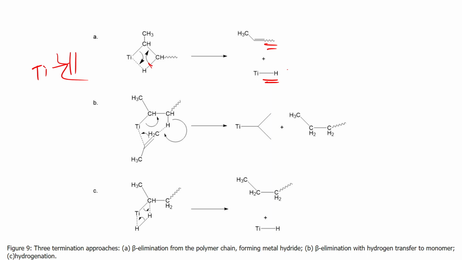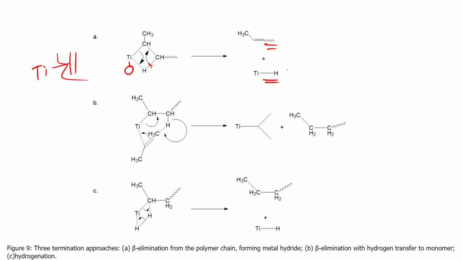And this is another way, where they have shown beta elimination with hydrogen transfer to the monomer. Here we already have one vacant site, right?